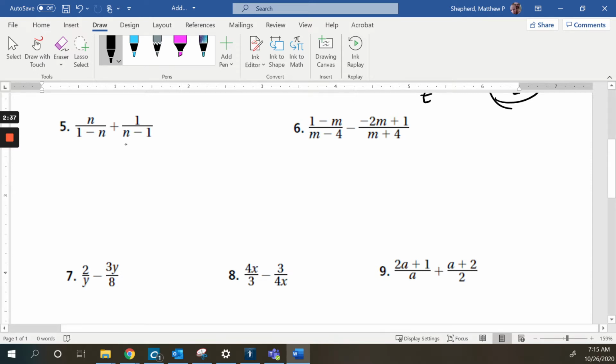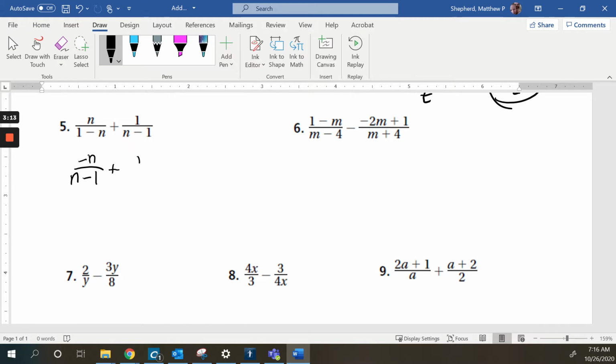I'm going to go ahead and multiply the top and bottom by a negative 1. The reason for this is I need that 1 to be a negative, and I need that n to be a positive. So by multiplying the numerator and the denominator by a negative 1, we can then create this situation where we now have positive n and a minus 1. And I just moved them around because with addition, it doesn't matter what order you do it in.